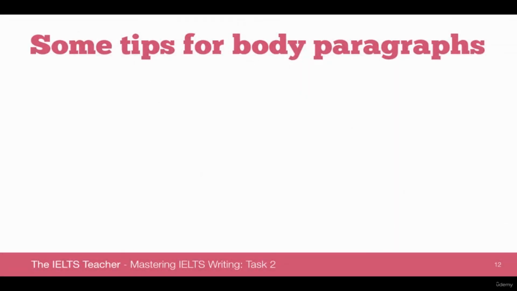So let's finish up with some general tips for body paragraphs. So first of all, make sure all body paragraphs begin with a topic sentence. How you choose to follow that topic sentence is up to you. There's no strict rules. Just make sure that it follows in a clear and logical progression, whether you use support sentences or example sentences or alternative solution sentences or result sentences.